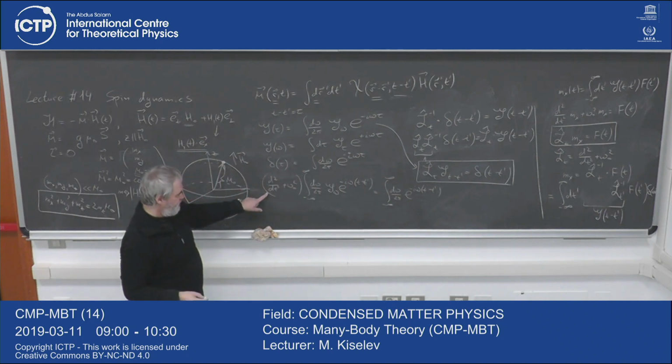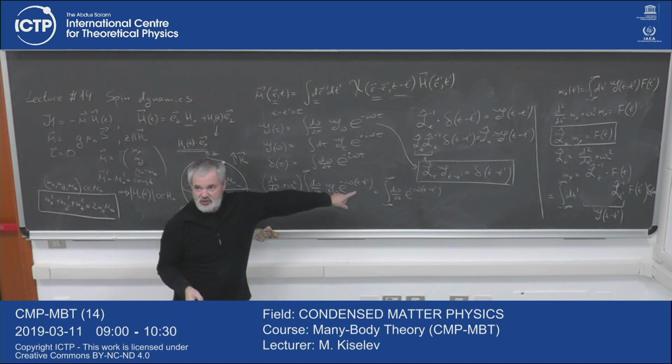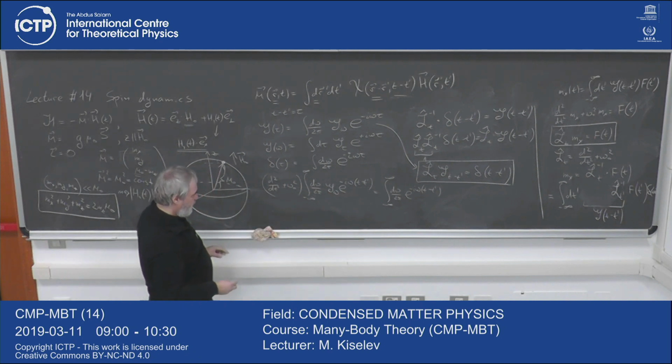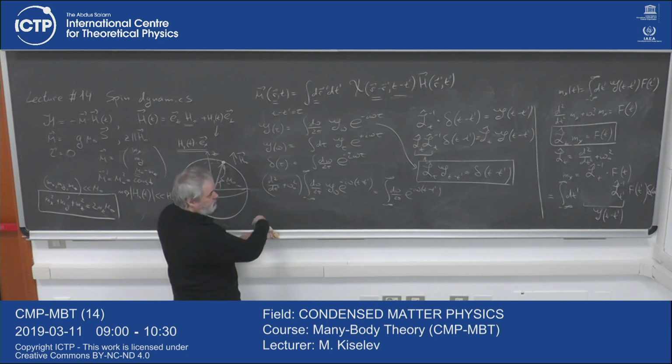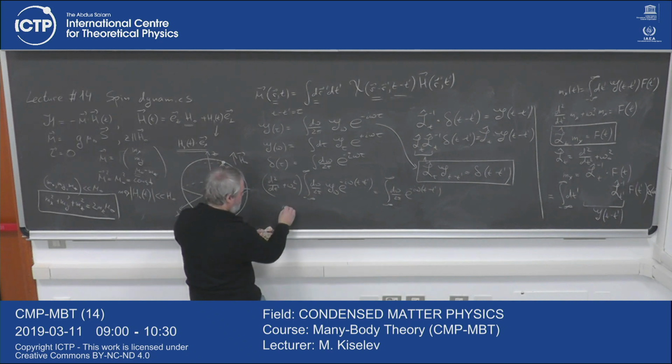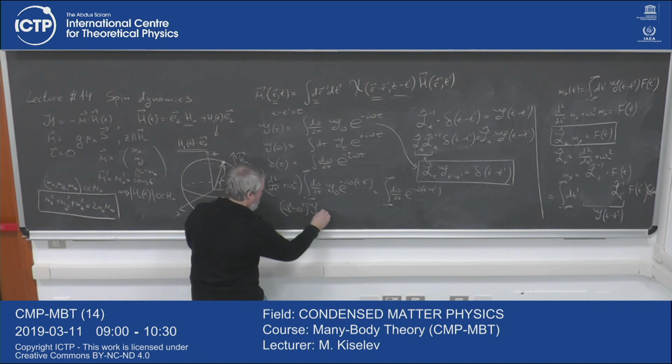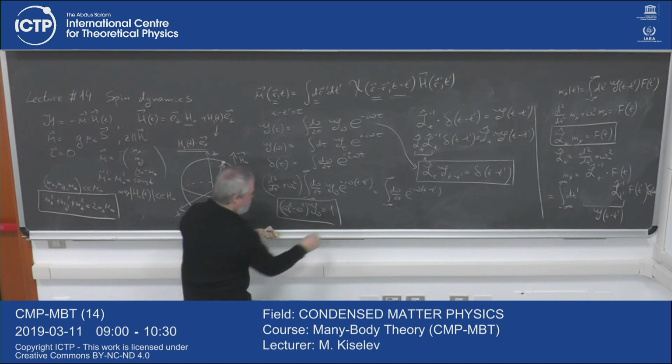So what I see here is that I differentiate the exponent with respect to time, and as a result, comparing the right hand side and the left hand side, I get omega naught squared minus omega squared times g omega is equal to 1.